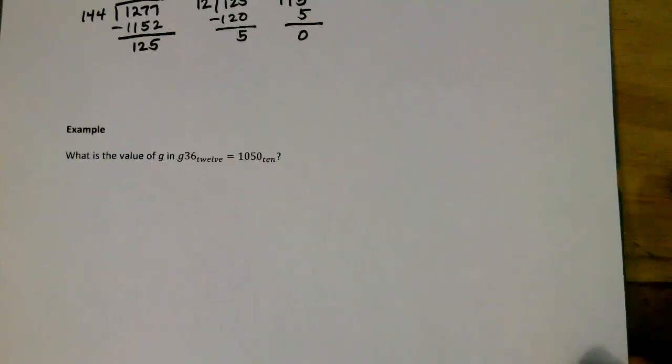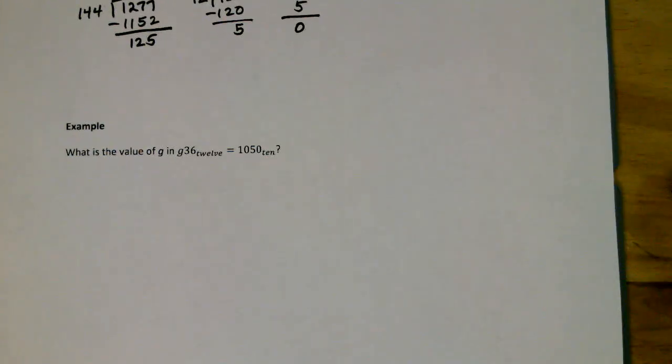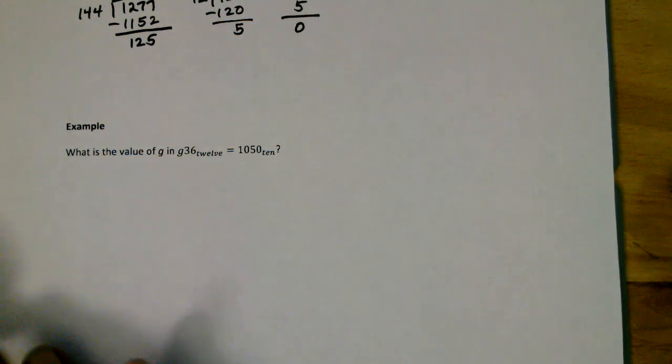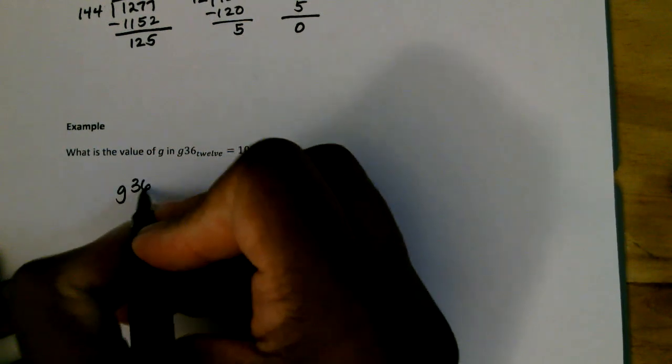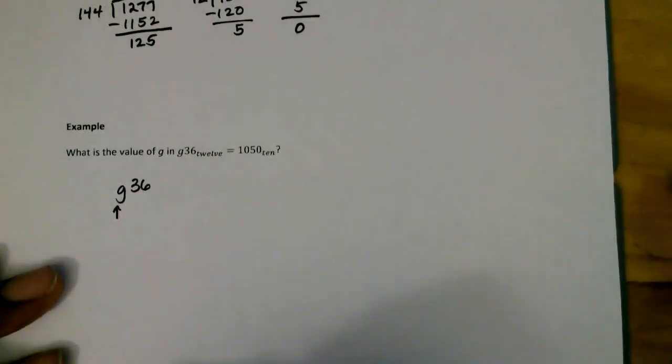And then finally, what is the value of G in G36 base 12, if it has to be equal to 1050 base 10? So we're trying to find out what G is.